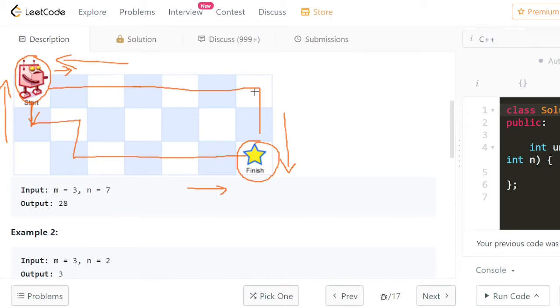Now let's understand the algorithm for this problem. Our robot is currently at 0, 0. By the question, the target is m minus 1, comma n minus 1. So let's consider a grid of 2 cross 3.